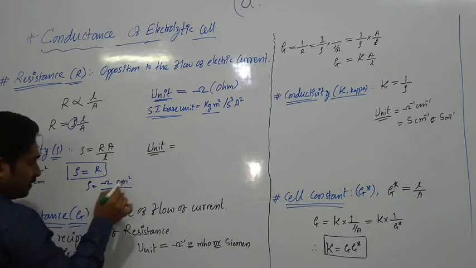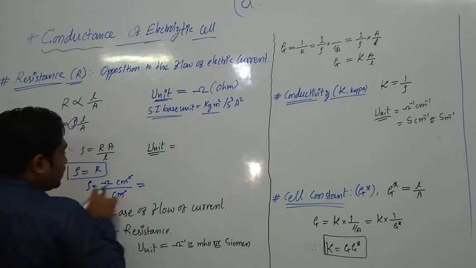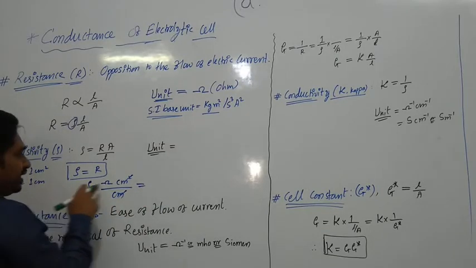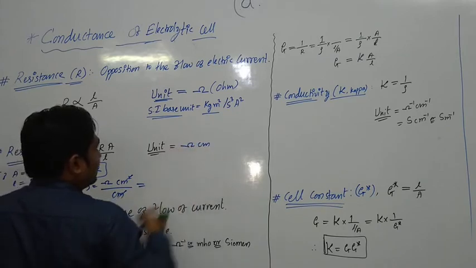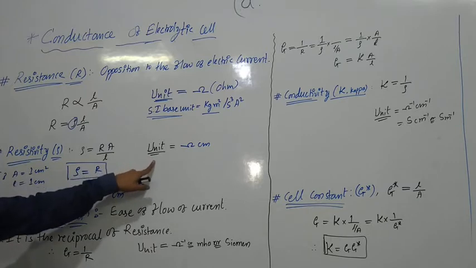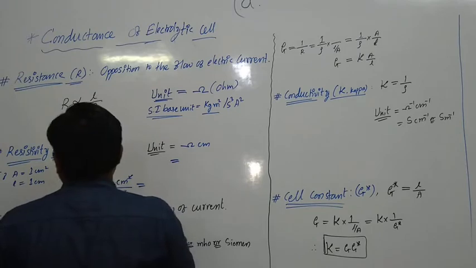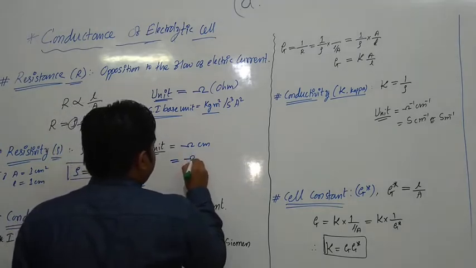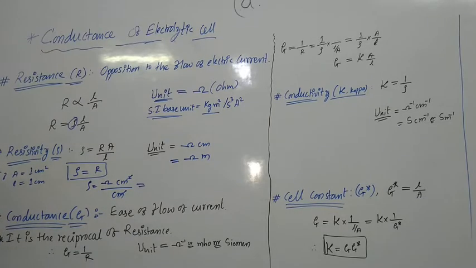What remains after cancelling is ohm centimeter. So please remember, the unit of resistivity is ohm centimeter, or sometimes ohm meter.